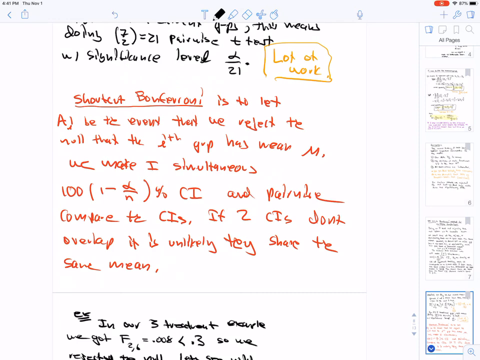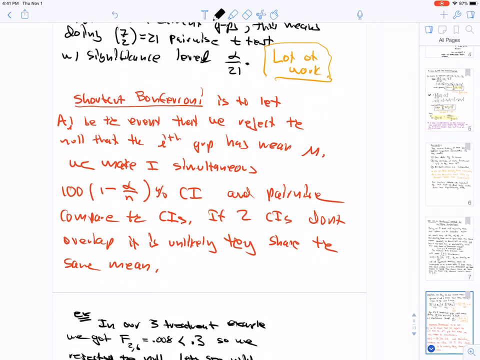What you're testing here is the null that the mean of the ith group is the group mean. We're going to do pairwise comparisons of these confidence intervals.